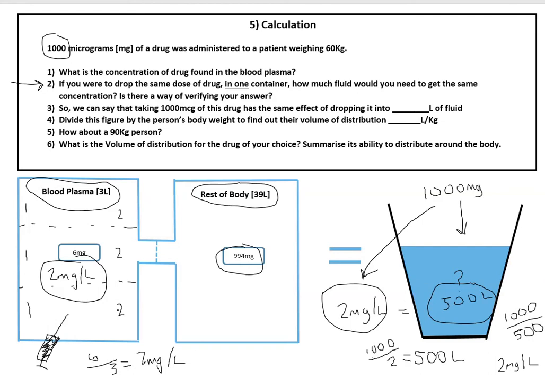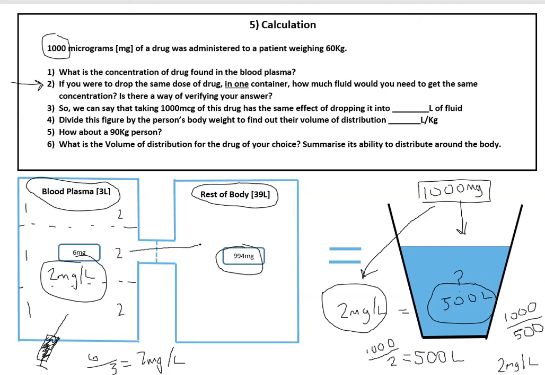It means that dropping 1,000 milligrams of this drug into somebody's body and achieving a blood plasma of 2 milligrams per litre is the same as taking one compartment, so there's nowhere for the drug to go, and the same amount of drug, the same tablet, in one cup containing 500 litres of fluid. And essentially what that means is you've got, out of 1,000 micrograms, you've only got 6 left.